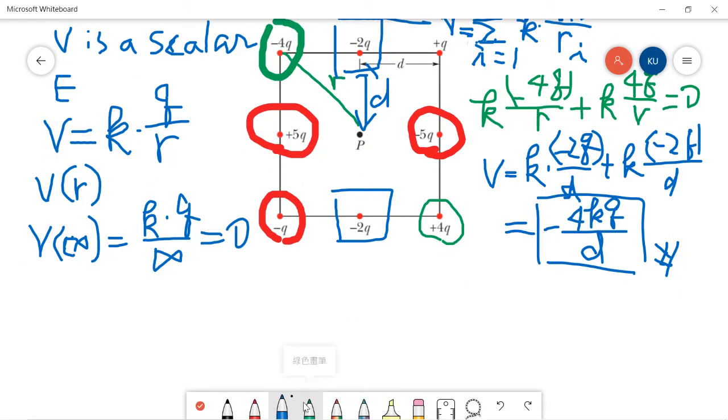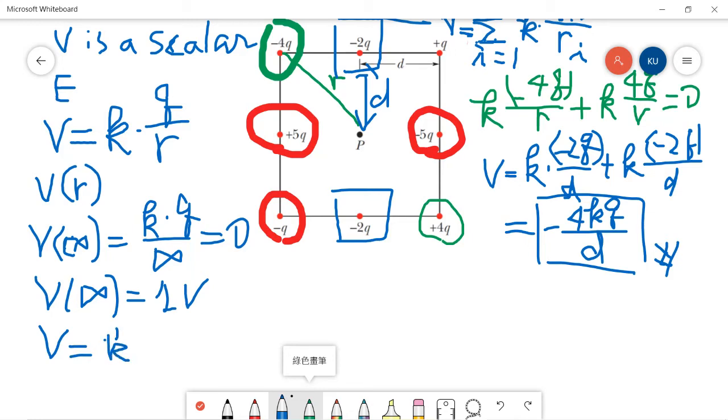Actually, if we assume that V infinity is 1 volt, it is okay, then the equation can be something like K times Q over R plus 1 volt. Okay.